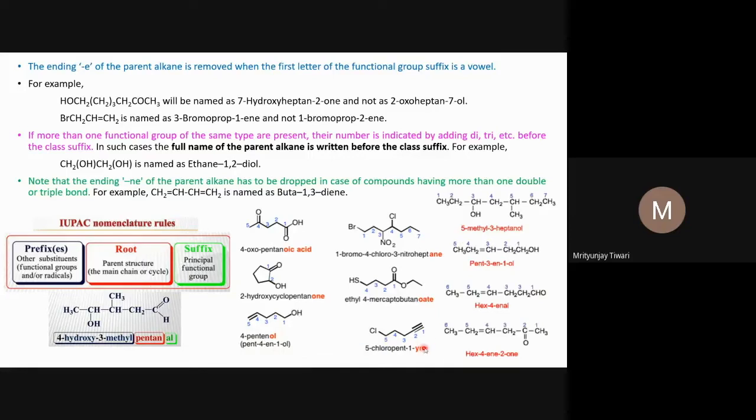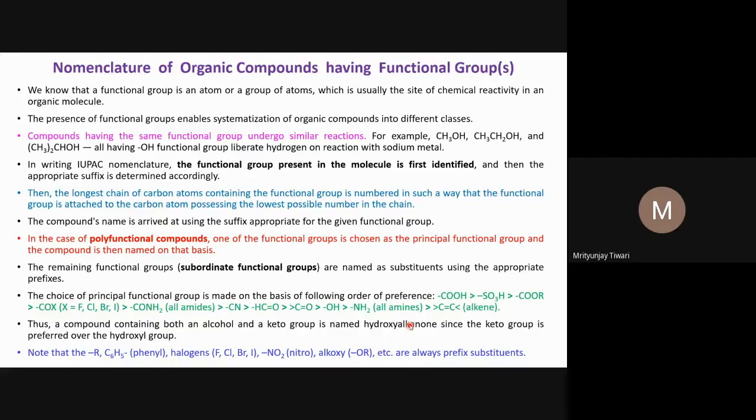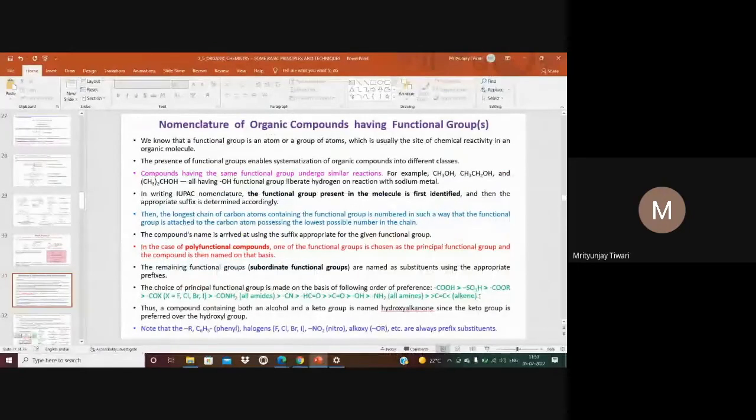Now in this compound, as we know, the triple bond gets priority over the double bond. After the double bond, we can write here the triple bond, or alkyne I can write.